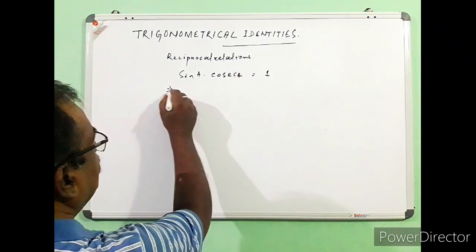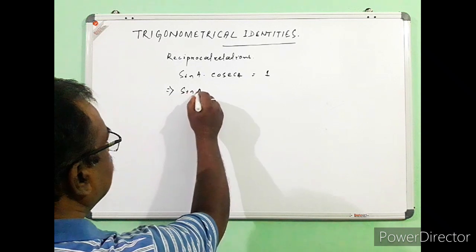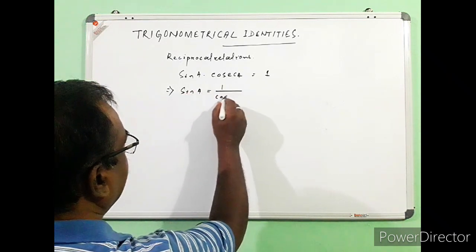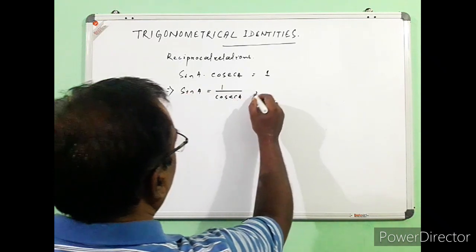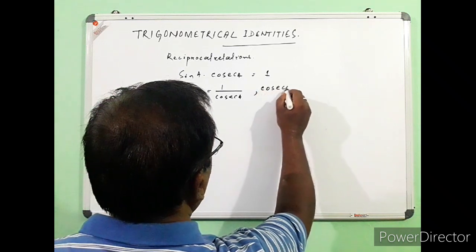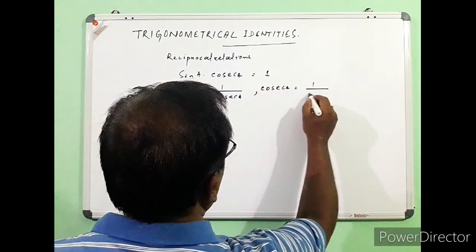In other words, sine A is equal to 1 upon cosec A, or cosec A is equal to 1 upon sine A.